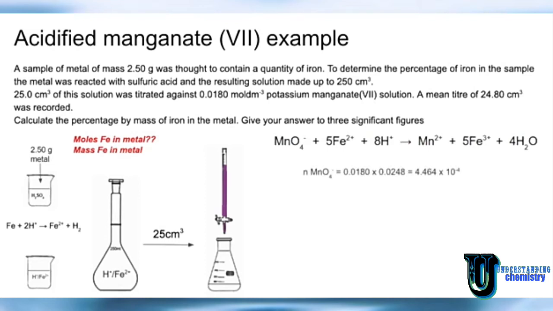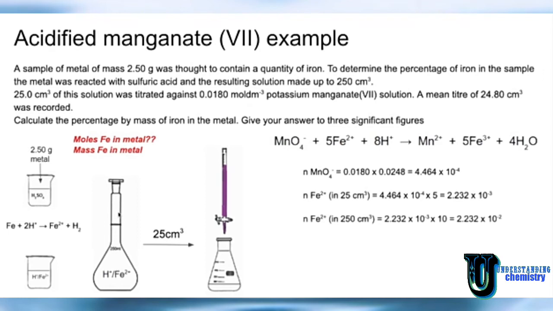So the first thing we can do is calculate the moles of MnO4- in that average titre. There's the answer there, concentration times volume in dm³. The mole ratio gives us the moles of Fe2+ in the 25 cm³ used in the titration, so that's that there. In the 250 cm³ will be 10 times more, so we'll just multiply that by 10. Remember we said the moles in here are the same as the moles in there.